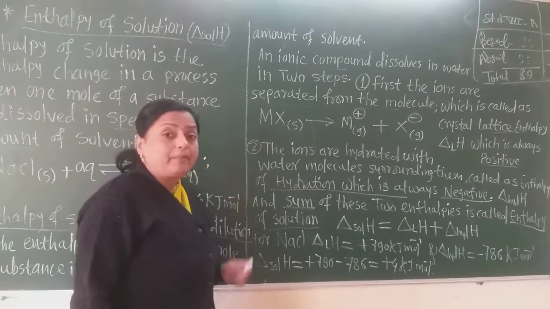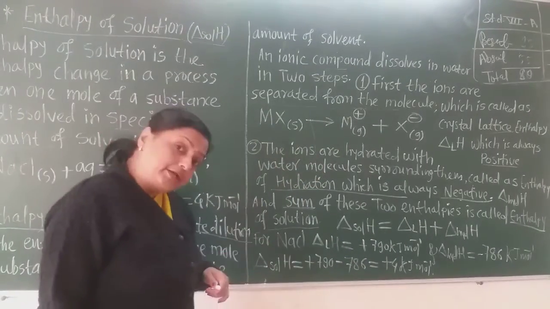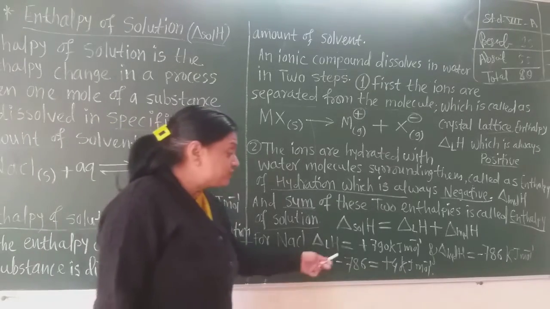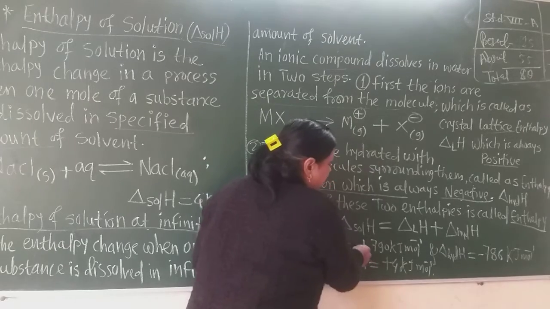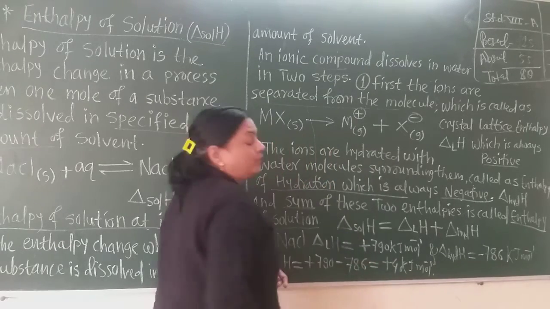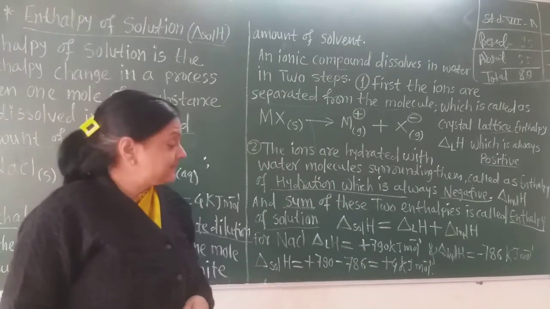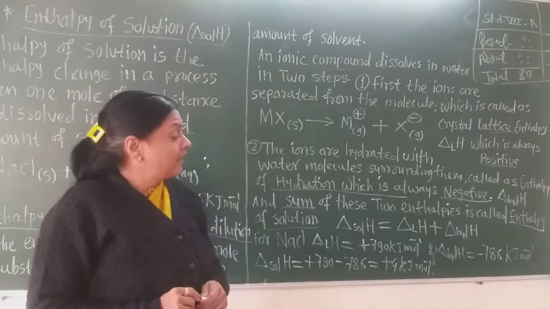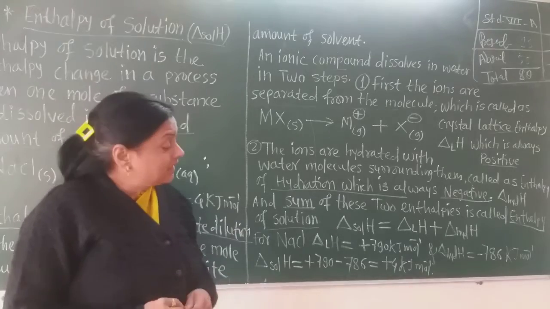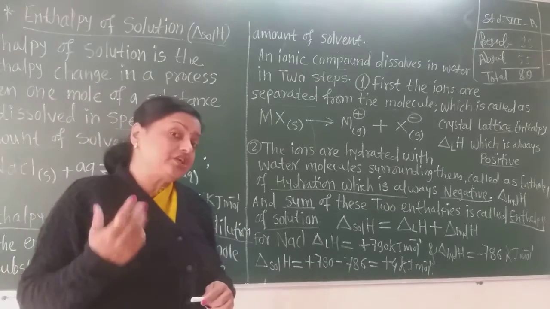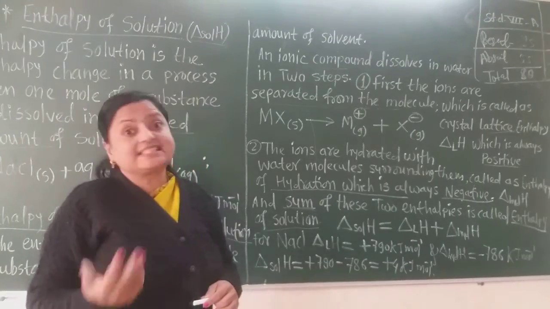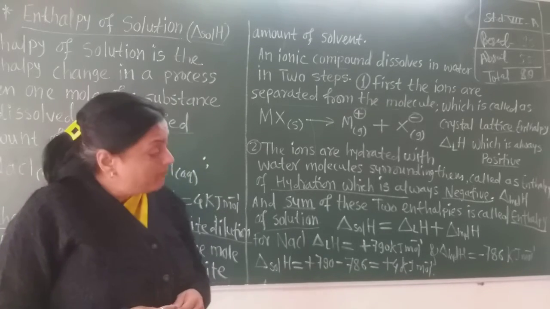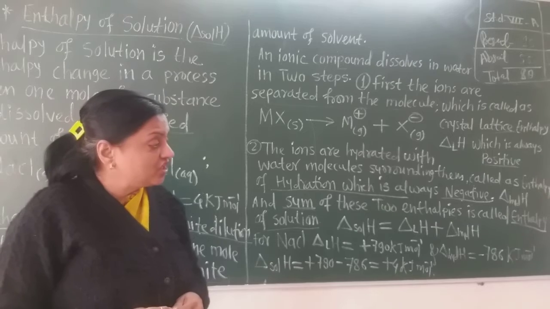Now for example, for NaCl, sodium chloride, the delta LH, the crystal lattice enthalpy, is plus 790 kilojoule per mole. And for NaCl, the enthalpy of hydration, which is the second step in the enthalpy of solution, is about minus 786 kilojoule per mole.